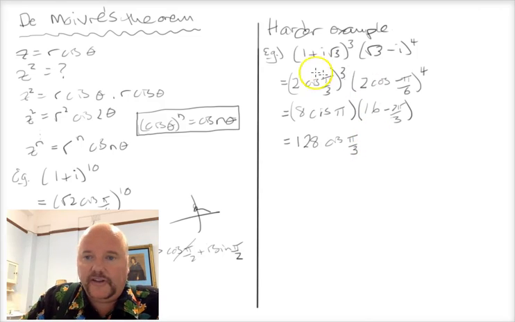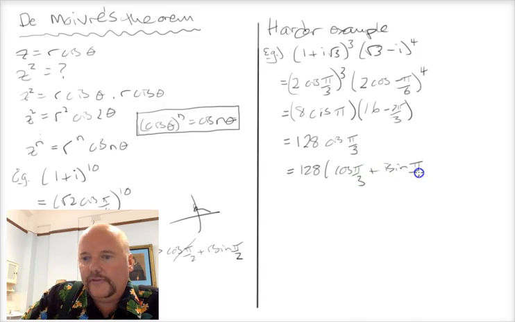And if the question said just do this, you could stop there. However, because the question is written in a plus bi form, or x plus iy, I just want to convert it back. So 128, you'll be told whether or not to, times cos pi on 3 plus i sine pi on 3. This is just a little bit of converting back. Now cos pi on 3 is a half, so you get 64 plus i sine.